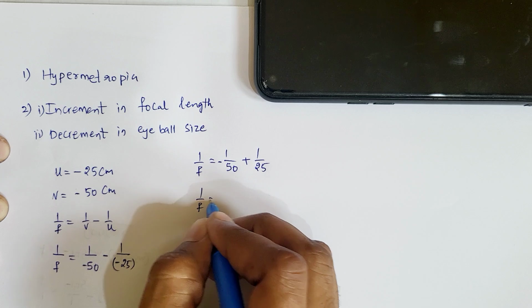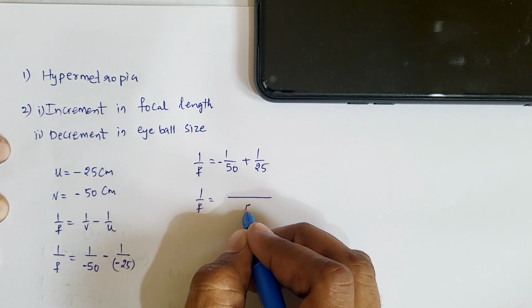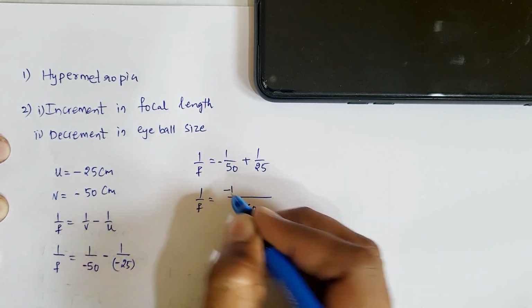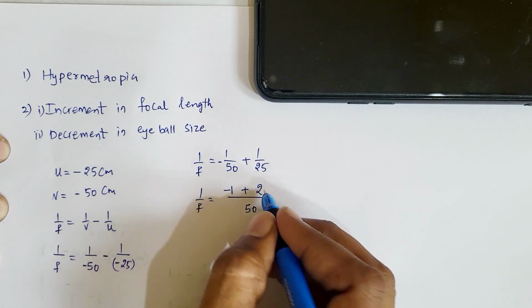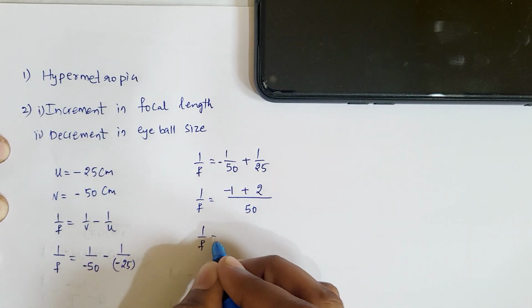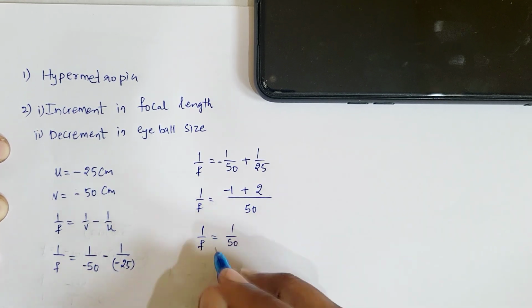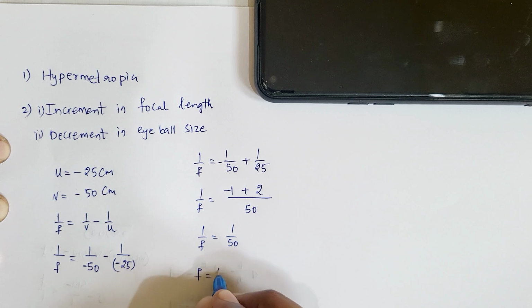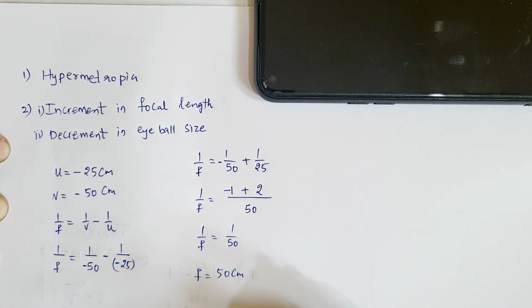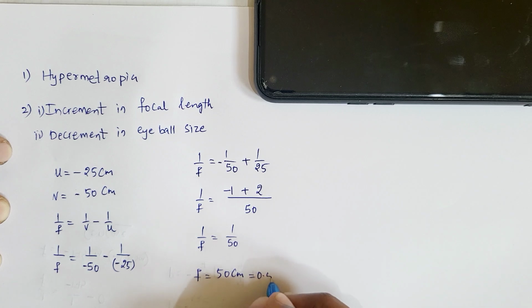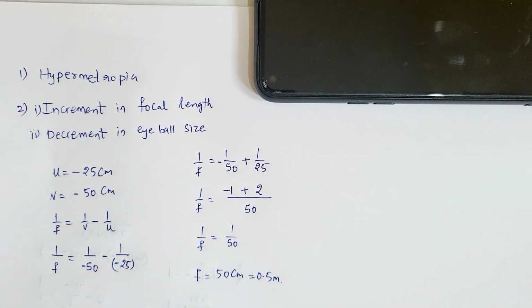LCM will be 50. 50 1s are 50, 25 2s are 50. 2 minus 1, 1. So 1 by F is equal to 1 by 50, which implies F will be is equal to 50 centimeters. Focal length is 50 centimeters means it is going to be 0.5 meters.